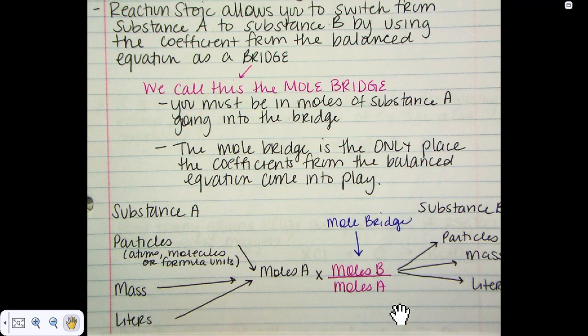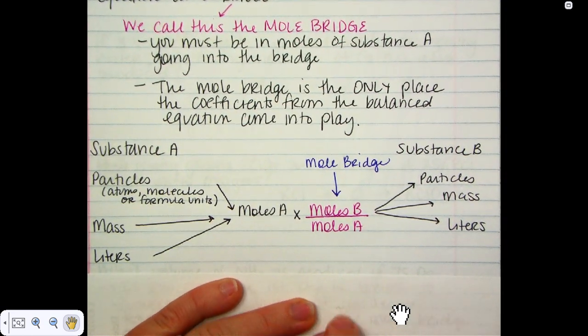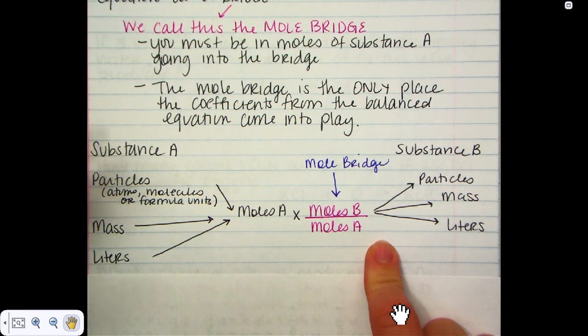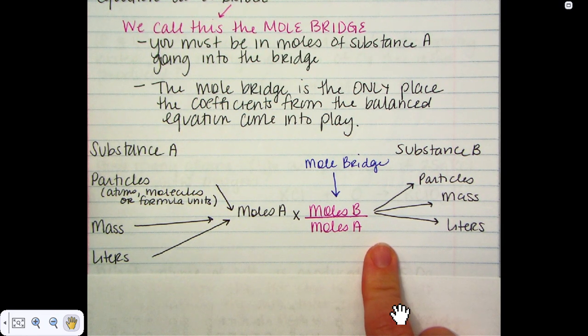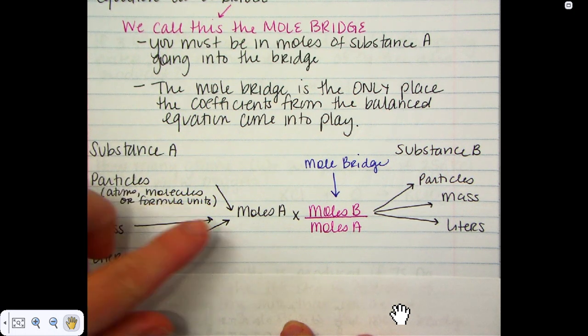So we don't have a mole highway like we did in the previous unit, but we can make a little map. So substance A is whatever number and substance you're given. And it can be in particles, it can be in mass, it can be in liters, it can also be in moles.